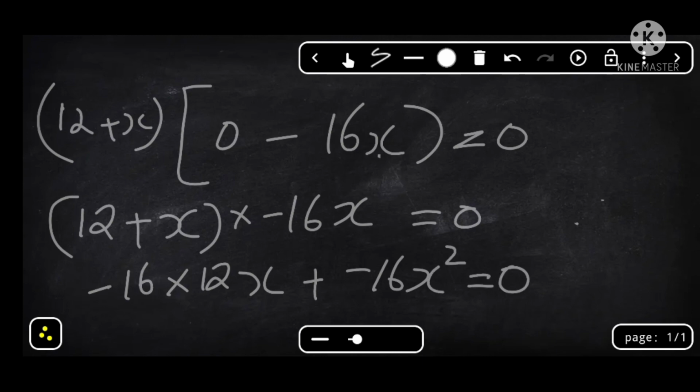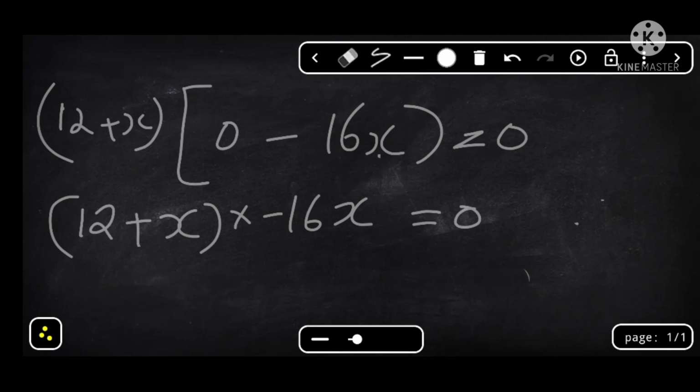So we'll be getting a quadratic equation here. Okay. Or we can just consider it as a quadratic equation, or in an easiest way you can do one thing. Okay, you can just avoid this step, and if you take this minus 16x, since it is multiplied here, right, so if we take minus 16x to this side, what will happen?